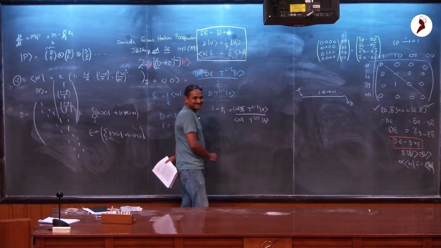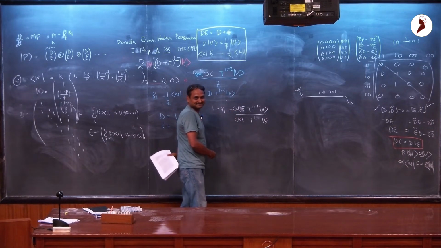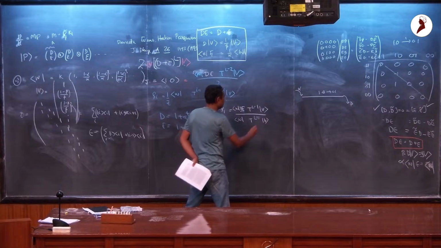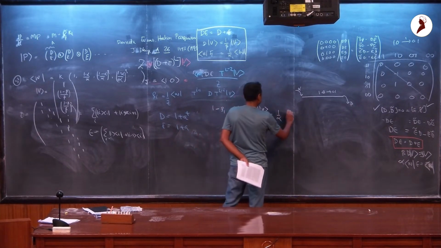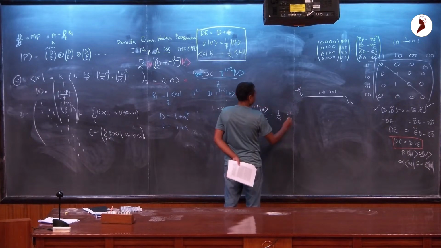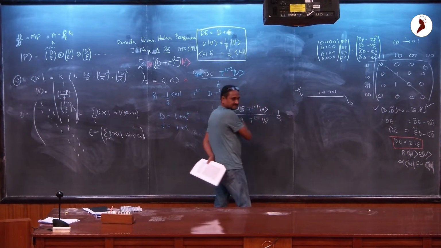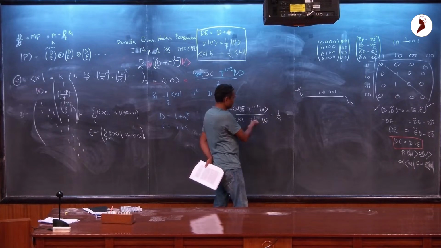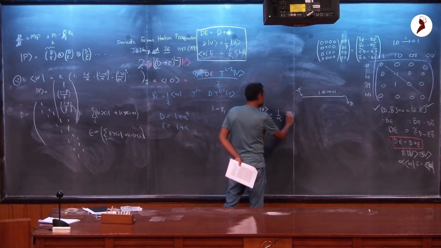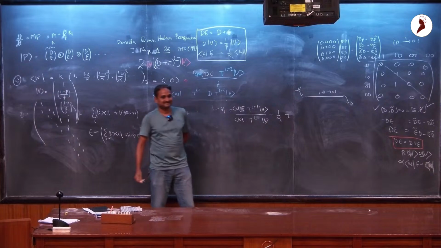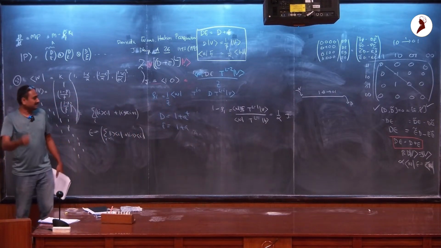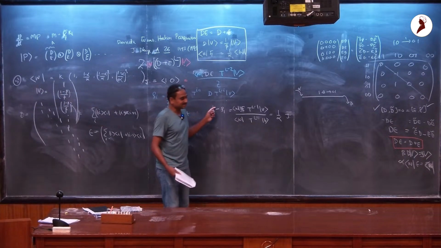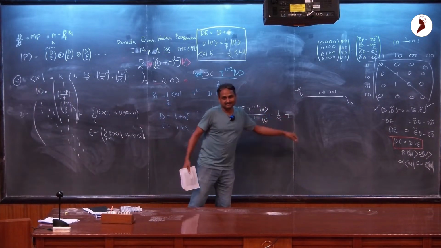But W E is equal to just 1 by alpha times W, so this is just 1 by alpha, and t to the power L minus 1 over t to the power L is just Z L minus 1 by Z L. So this is just J.